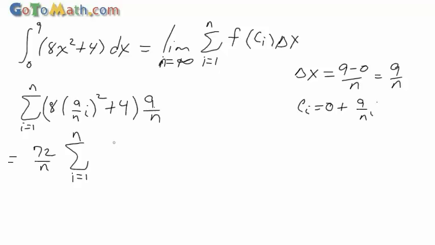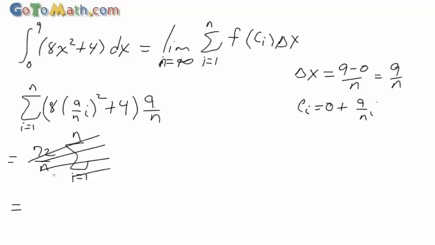And what the heck am I doing? That's 8x squared. That is completely wrong. I don't want to redo this video. So you got to watch out. You make those kind of mistakes.